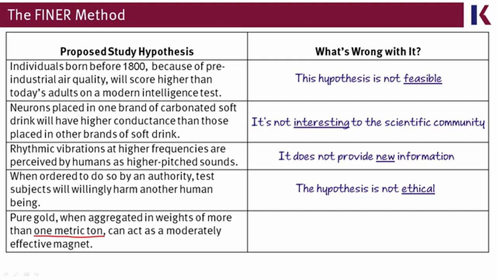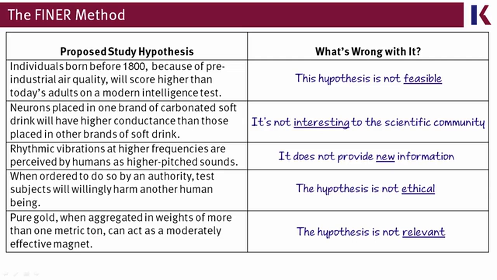Now, based on the acronym at the top of the screen, you might have guessed what the first letter of this one is. It's because it's not relevant. Even if this hypothesis is true, nobody's ever going to use it for anything. Because if you had 1 metric ton of gold, you would probably do something different than use it as a magnet. And so the findings are not very relevant to the world around us.